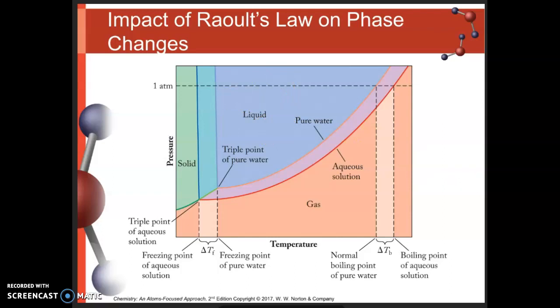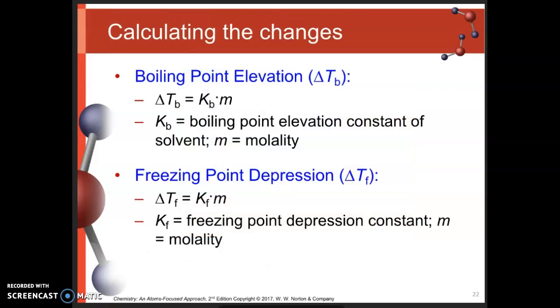And the answer there is yes. And not only is the answer yes, but the relationship is very, very similar. The boiling point elevation and the freezing point depression can both be calculated using similar kinds of equations.